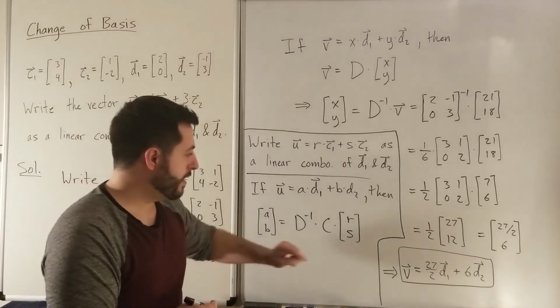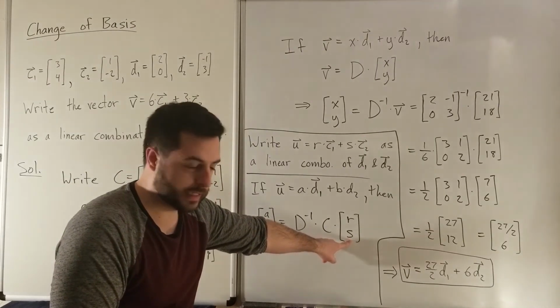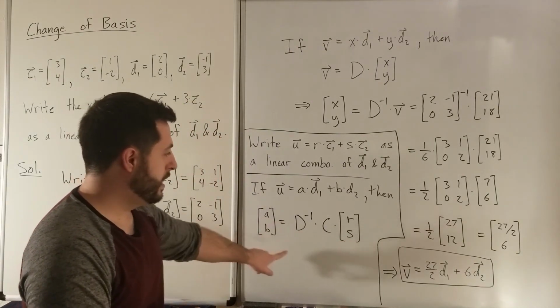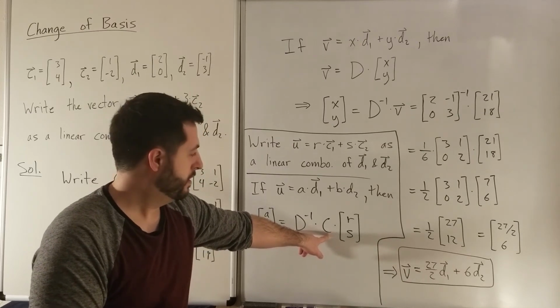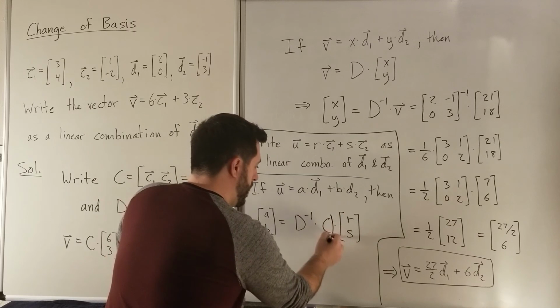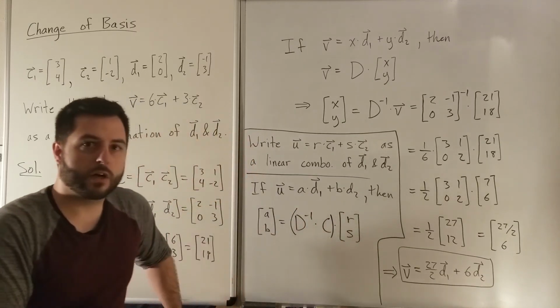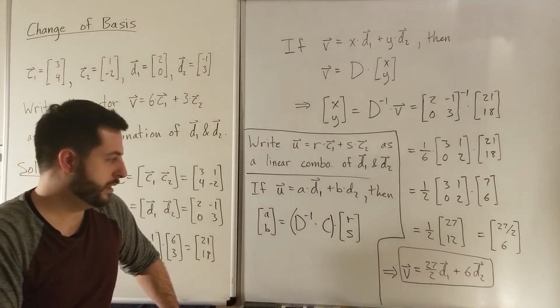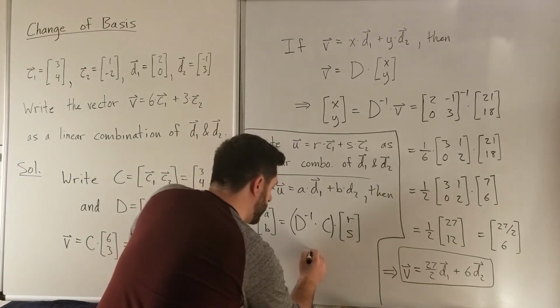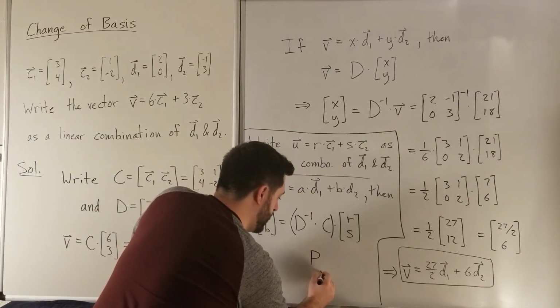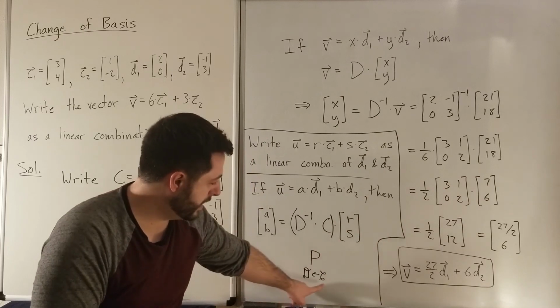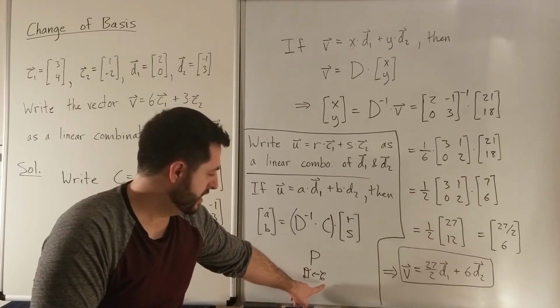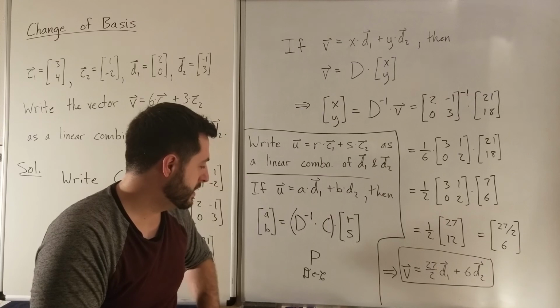In other words, to translate from C basis coordinates into D basis coordinates, we multiply by this matrix, which is the product of these two matrices. Okay? This matrix is called the change of basis matrix. And the book writes this with a P, and then it has some extra fancy notation that says that we're translating from, this is a curly C, so this is the C basis into the D basis.